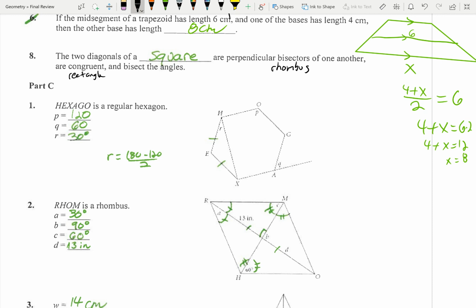The fact that they bisect the angles, meaning opposite angles. So for example, if you have this shape, then the diagonals are going to bisect these angles right here. That's what it means by bisect the angles. That's the property of a rhombus. And as you know, a square has the properties of a rhombus and a rectangle, so that's why it's a square. Okay.